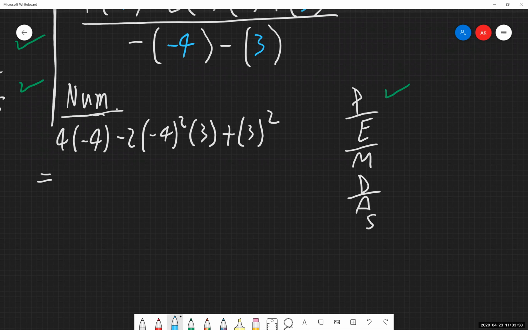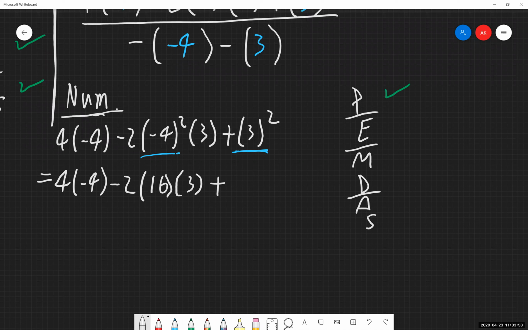Moving on to exponents. I have exponents here and here, so I'm working with that first. Everything else is staying as it is. I have -4 to the second power, that's going to give me a +16. Then 3 to the second power is going to give me 9.